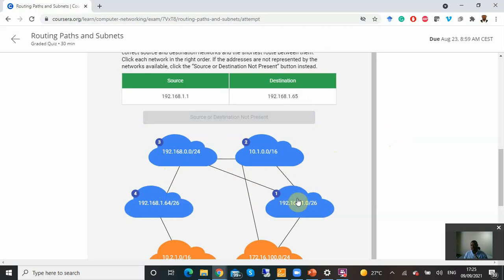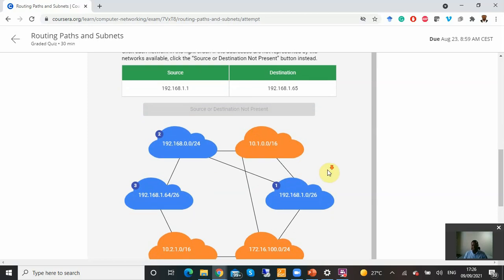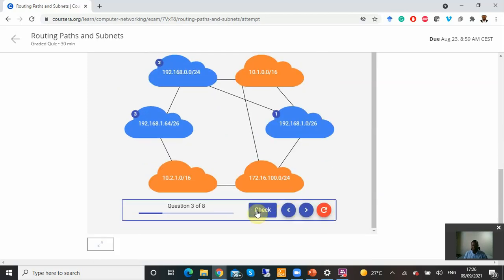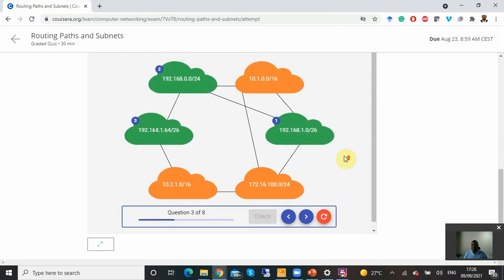So in order for you to get the shortest path, you have to go this way, this way, this way. This is 3 steps compared to 4 steps. So let's check our answer. As you can see, it turned green to show that the answer is correct. 3 of 8. Let's move to question number 4.